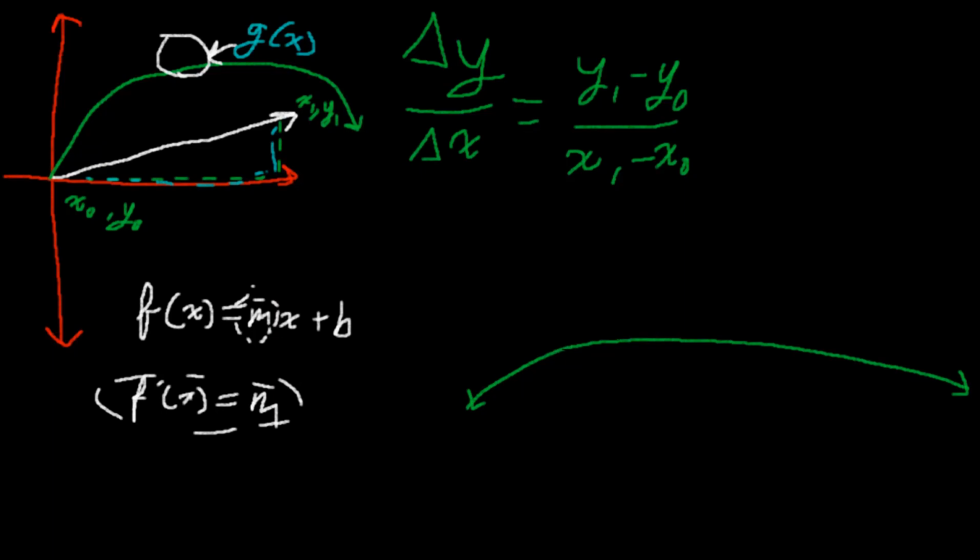If we got a little closer, you could see that it starts to look like little segments of lines, infinitely small segments of lines, and that's kind of what limits are.